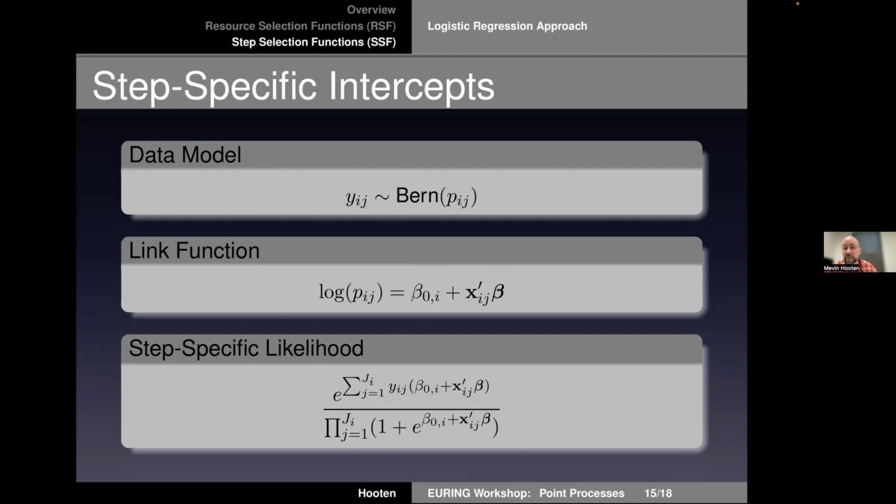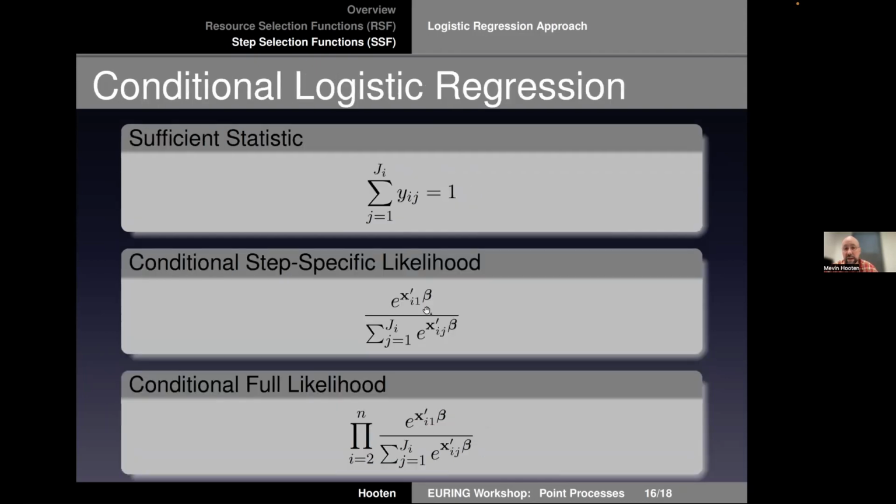You'll get the inference correct either way. What most people would do instead is just use the correct conditional likelihood that conditions on the constraint that at each step the data sum to 1. So what I would do if I wanted the exact inference, and it's a little more efficient too, is just fit the model with this likelihood instead.